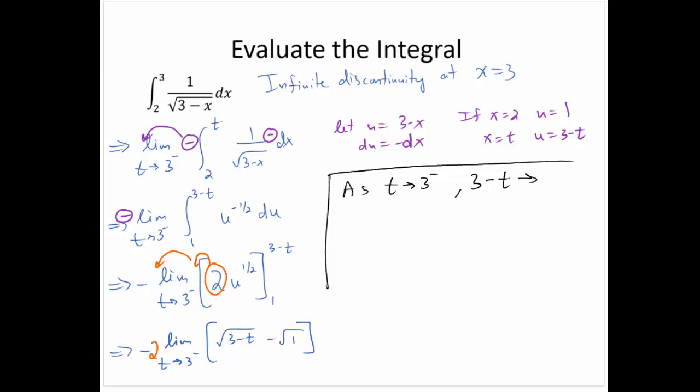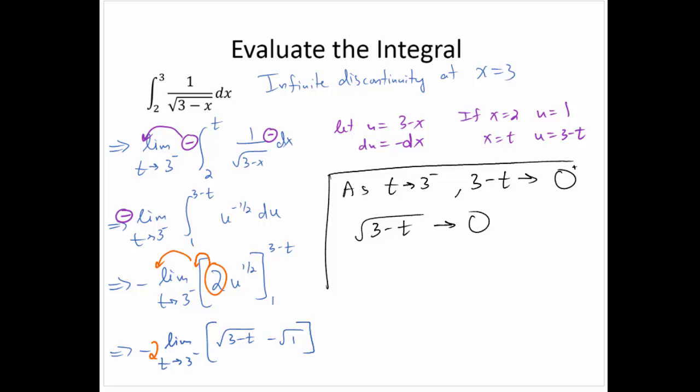As t is approaching 3 from the left, say, for example, 2.999, 3 minus t would be 3 minus 2.999, that would be 0.001. So as t approaches 3 from the left, 3 minus t would approach 0, but on the right-hand side of 0, small positive numbers. And so the square root of 3 minus t would then approach 0.